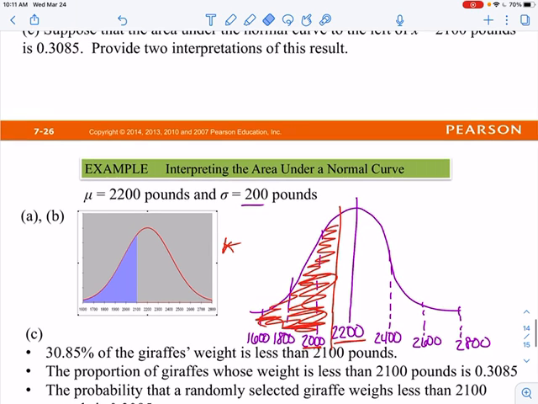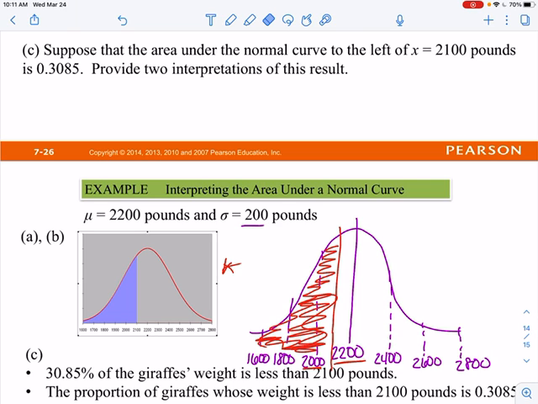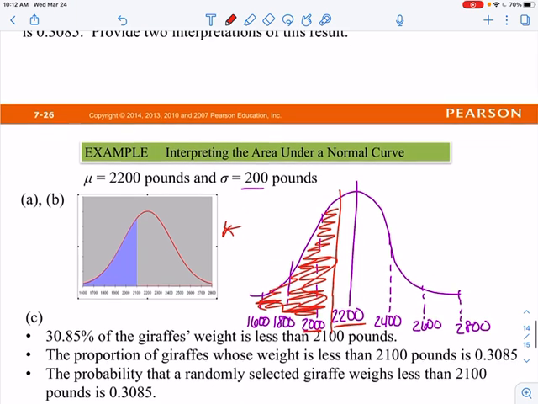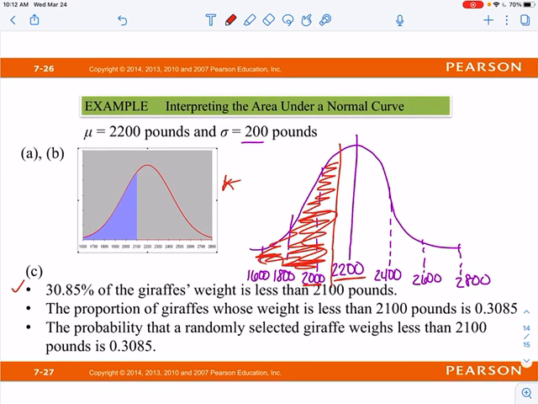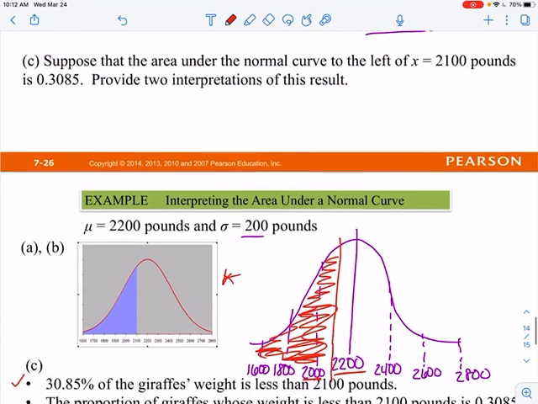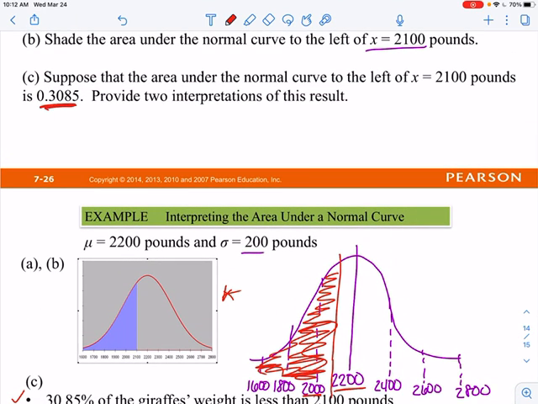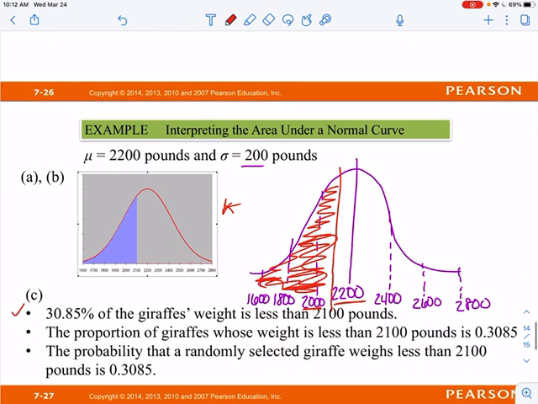Okay, part C is to provide two interpretations of that result. I'm going to provide you with 3. They told us to suppose that the area I just shaded was 0.3085. So what does that mean? 30.85% of the giraffes' weights are less than 2,100 pounds. That would be the percent.